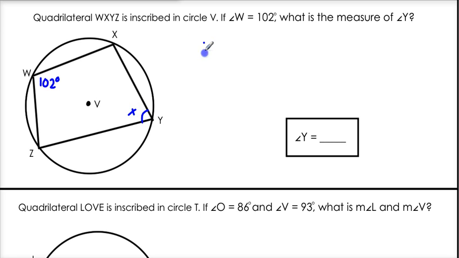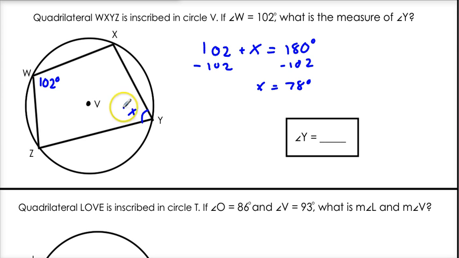And so we could just say that 102, which is angle W, plus X equals 180 degrees. So I just subtract 102 from both sides. I get X is equal to 78 degrees. So angle Y is 78 degrees.